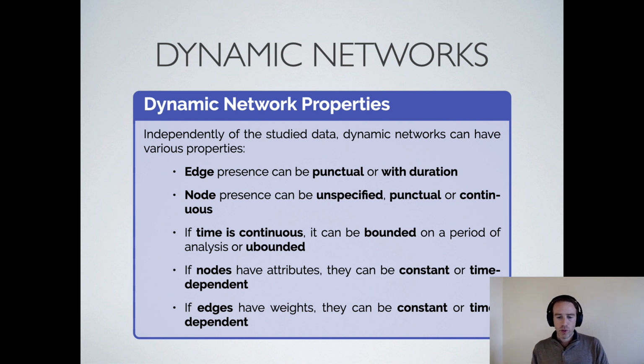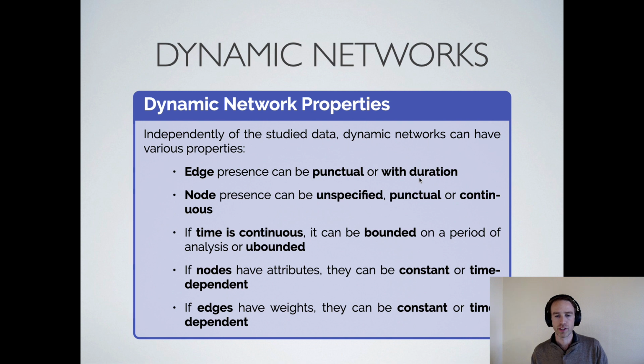So when we want to transpose this observed real-world phenomenon into a dynamic network, there are several ways to model it. For instance, we can see that an edge presence can be punctual or have a duration.